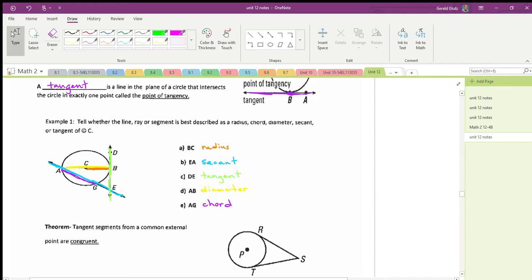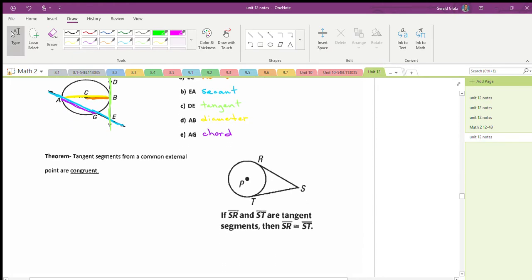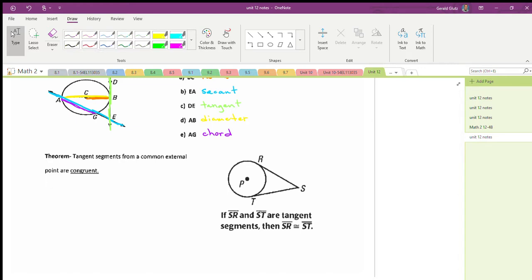So there's some vocabulary. All right, so here's a little theorem that we have. If we have a circle and a point out here, let's call it point S for this example, we have a line segment that is a tangent because it touches the circle in only one spot. Then another tangent line touches the circle in only one spot out here.